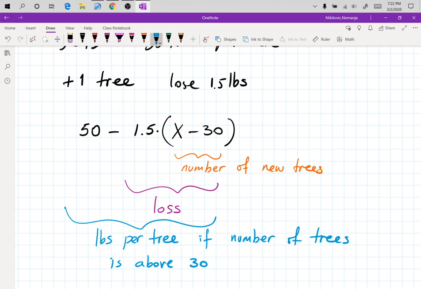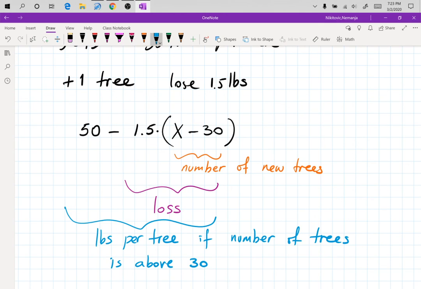So how does this work? It should be common sense to compute these things without an equation. If you are losing 1.5 pounds when you add an extra tree, if I am to add 4 trees, how many pounds am I losing per tree? 6, right? 4 trees, each one causes 1.5 loss. 4 times 1.5 is 6 pounds. 50 minus 6, the yield would be 44 pounds per tree.